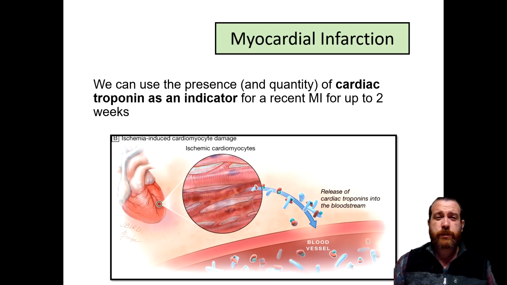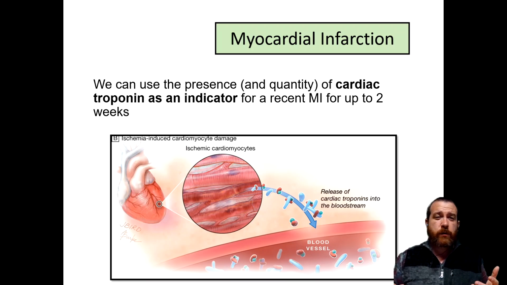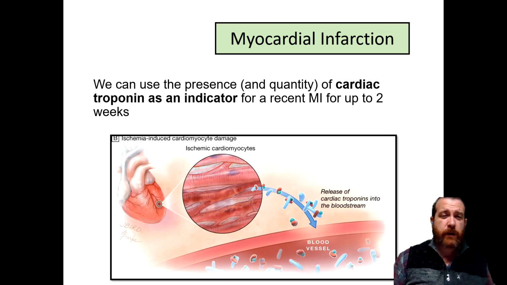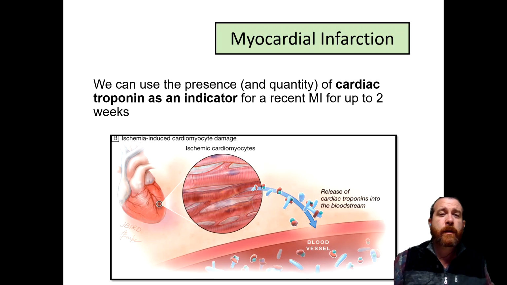When heart tissue dies, it's going to explode. It's going to necrose. When we stop delivering oxygen to tissues, all of the contents of those cells are going to bust out and jump into circulation. One big indicator that we use for the severity of a myocardial infarction is something called cardiac troponin.